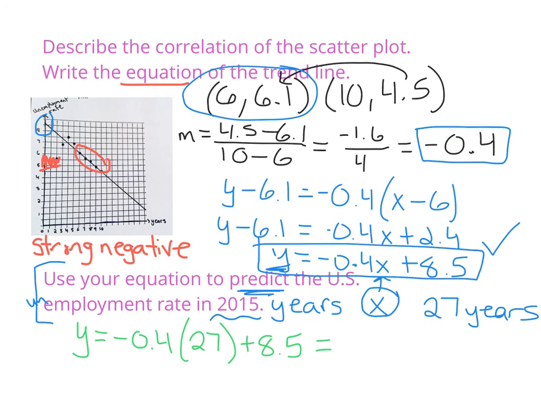So if you plug in 27 into the equation, we get negative 2.3. So stop and think what that means. That based on this trend, we're predicting 27 years later, the unemployment rate will be a negative number. So, in this case, that doesn't make any sense.